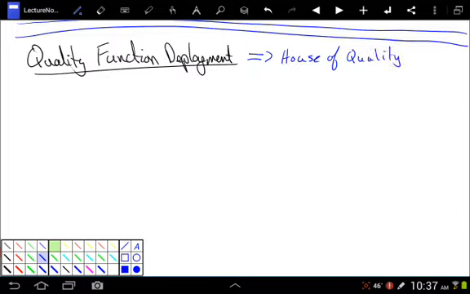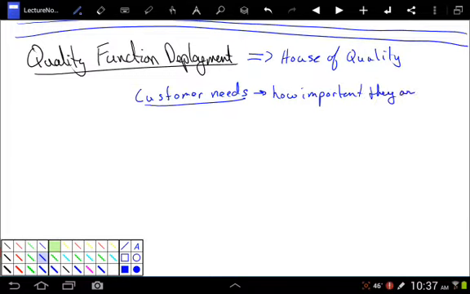So at this point in the design stage, we have a tremendous amount of information, right? We spent some time finding out our customer needs. And because we did some surveys and interviews, we have some information on how important each need is, which is great.